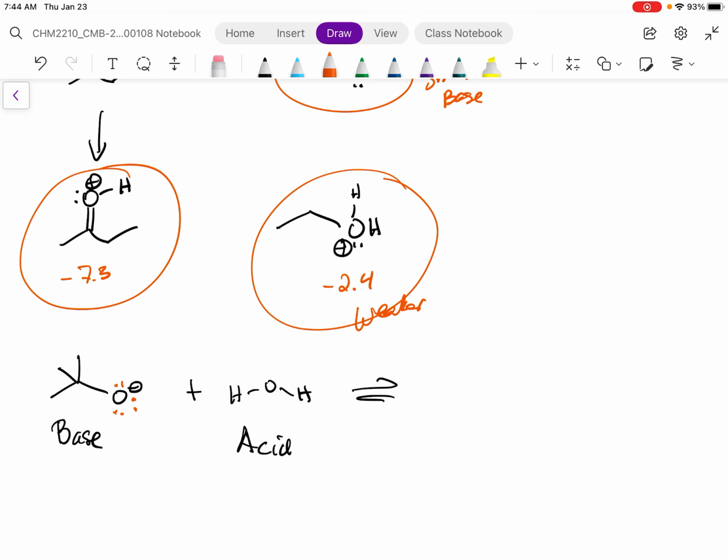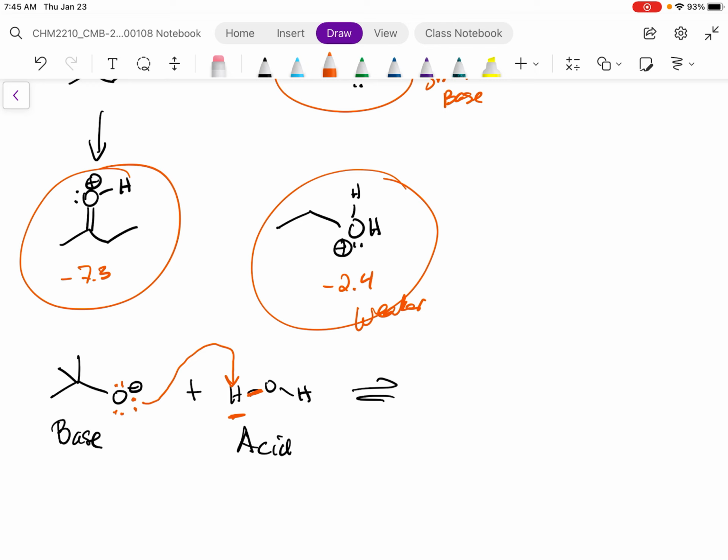Okay? This is the mechanism. We take one of the lone pairs and it comes and snatches that hydrogen. It forms a bond with that oxygen and the hydrogen. Now at that moment in time, that hydrogen atom right here has this bond and the newly formed bond with the oxygen atom. So it has two bonds.